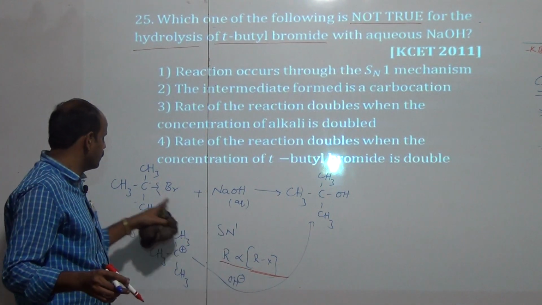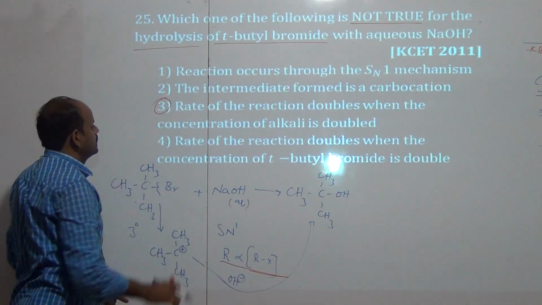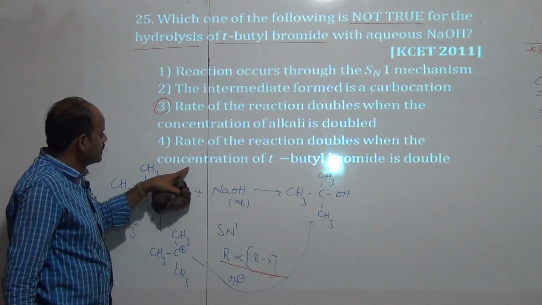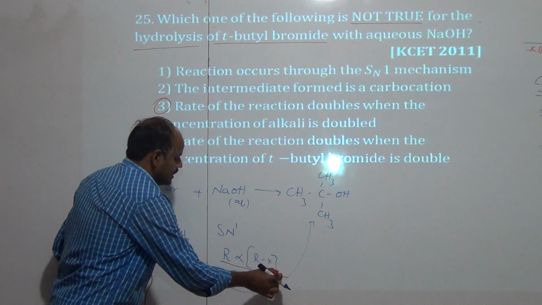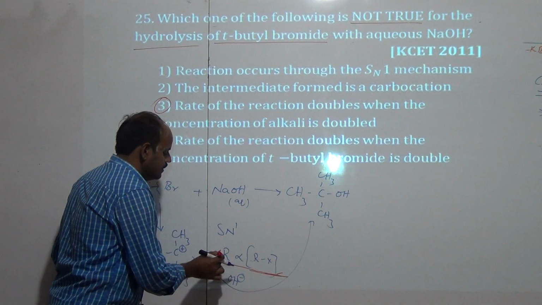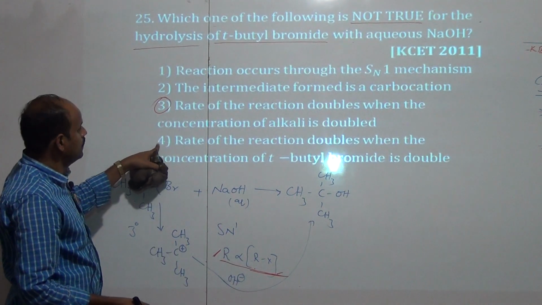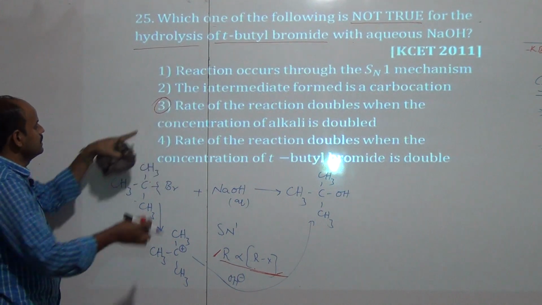It depends only on the alkyl halide. So this is the wrong statement. The rate of the reaction doubles when the concentration of tertiary butyl bromide is doubled. If you double the concentration, the rate also doubles, because it is directly proportional. Thus this is also correct. Which one is wrong? The third one is the wrong statement.